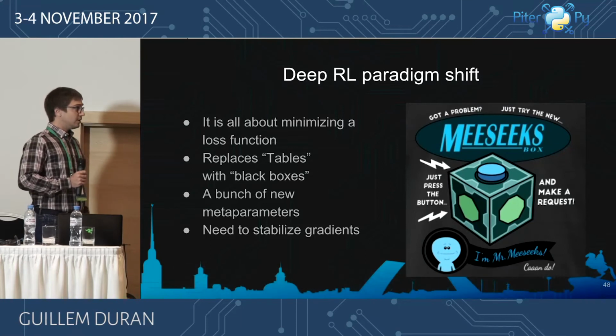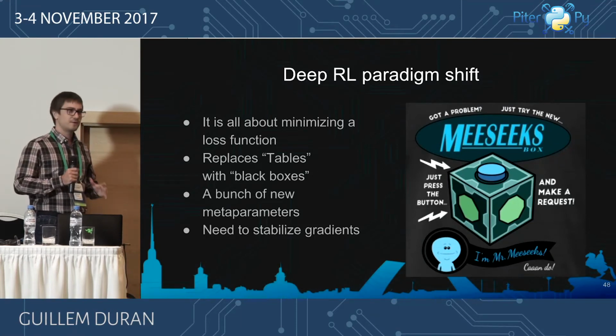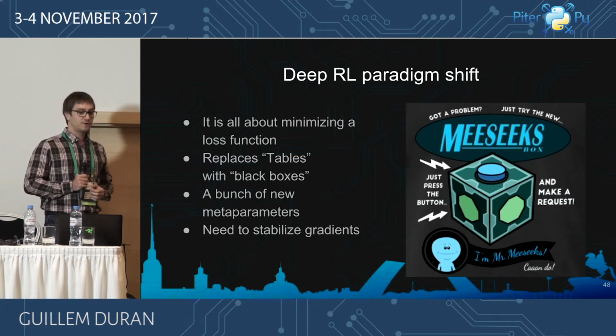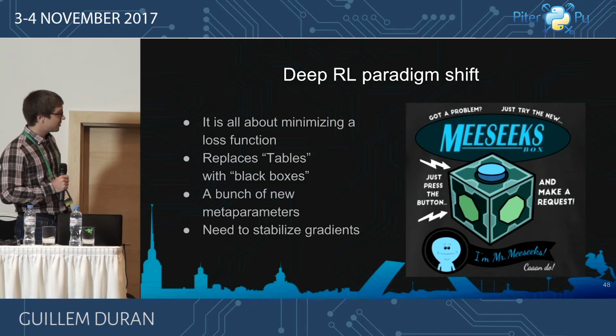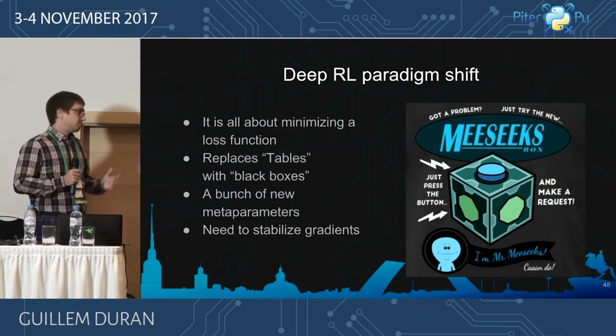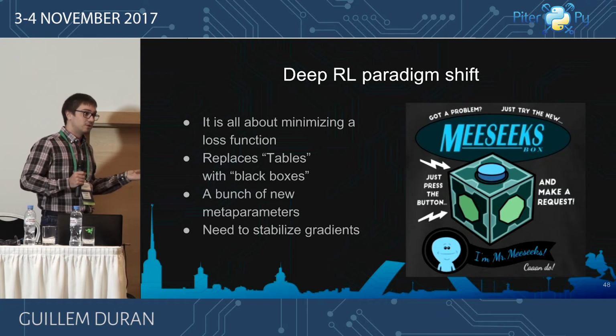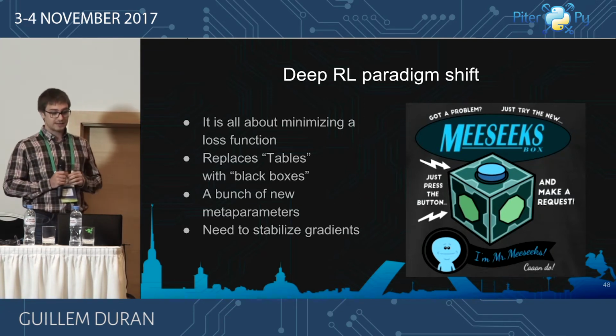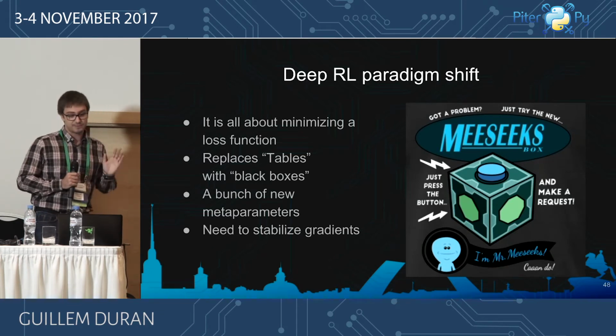So to train it in reinforcement learning, we need some kind of a paradigm shift. To do so, we need to define a proper loss function and a training methodology, pretty much like in any other machine learning problem. But it's important to note that neural nets here just act as black boxes.